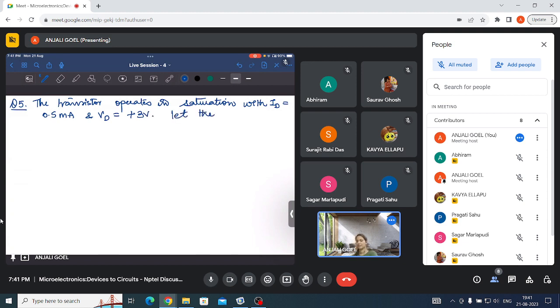Let the PMOS transistor have VTP equal to minus 1 volt and Kp dash W by L equal to 1 milliampere per volt square. Assume lambda equals 0.